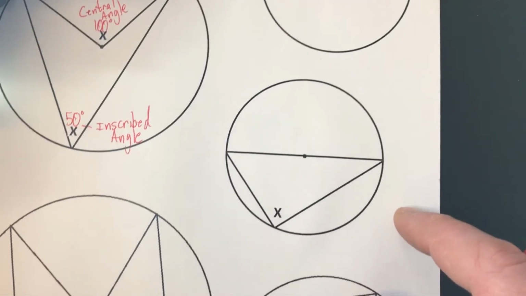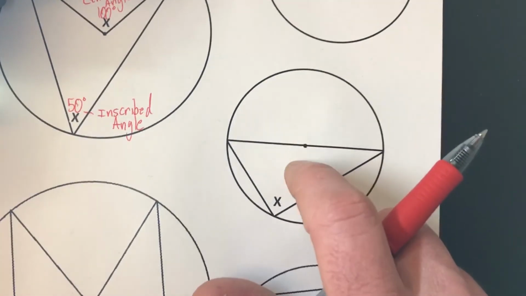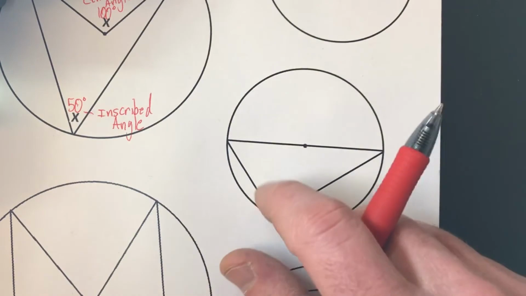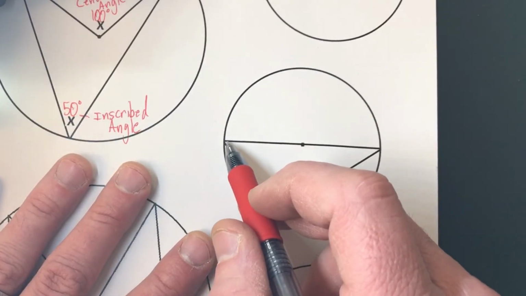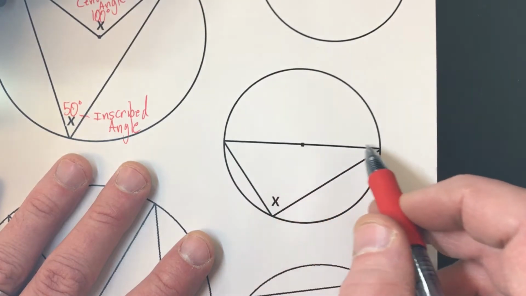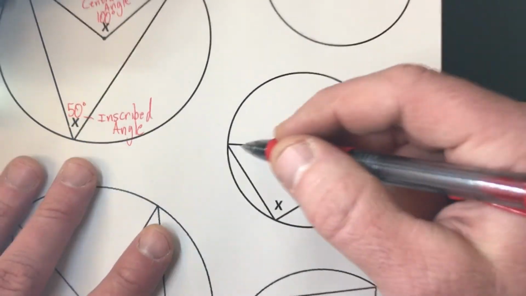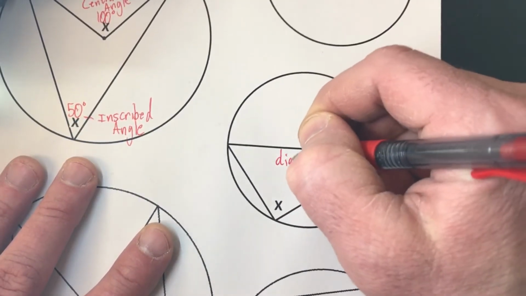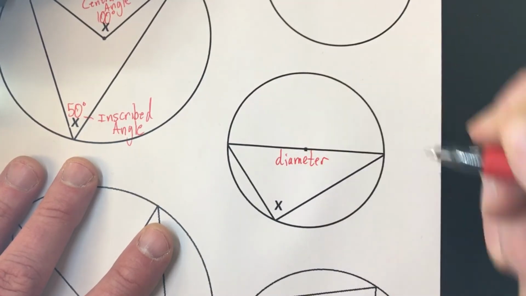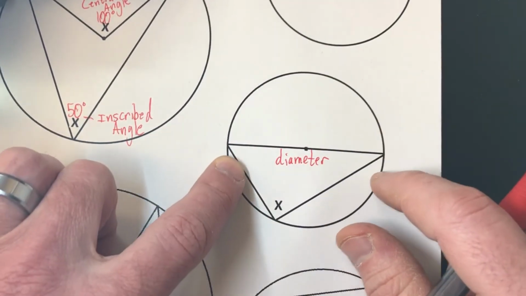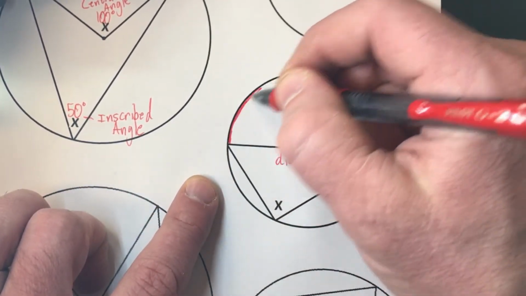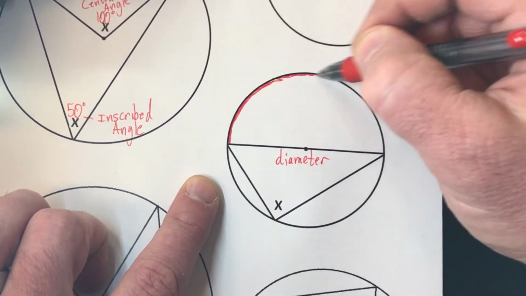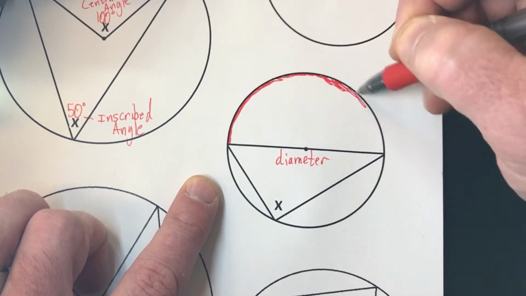All right, let's look at this one right here. Now, before I talk about how big this angle is down here, what do we call this type of line going across here? Diameter. It's a diameter. Okay, good. So with this diameter drawn, how many degrees is this arc right here? 180.